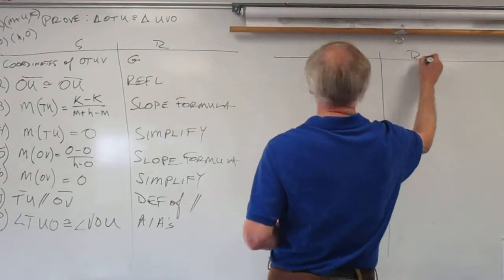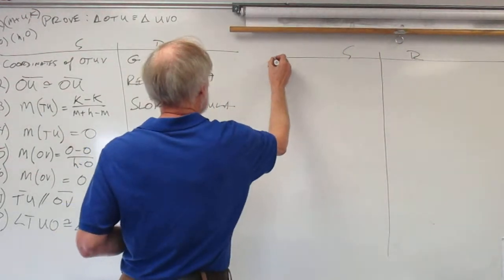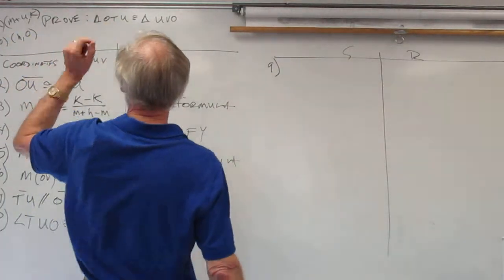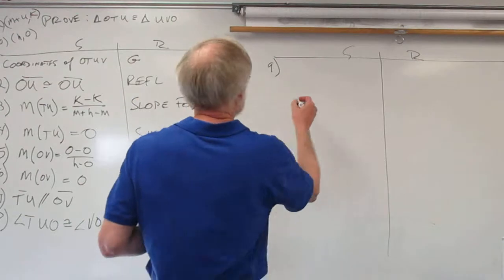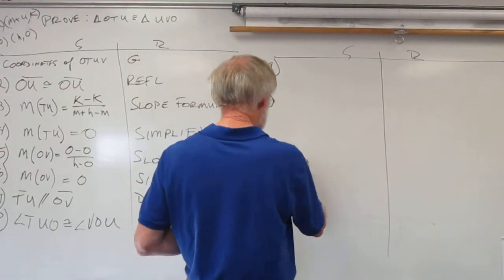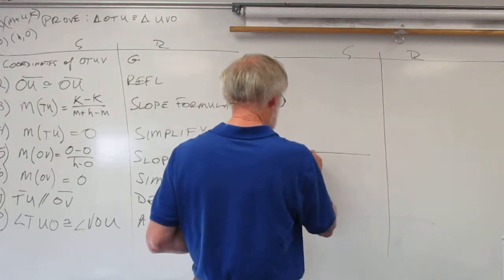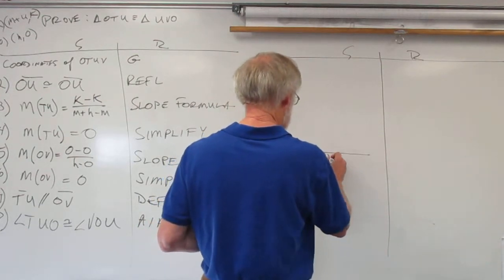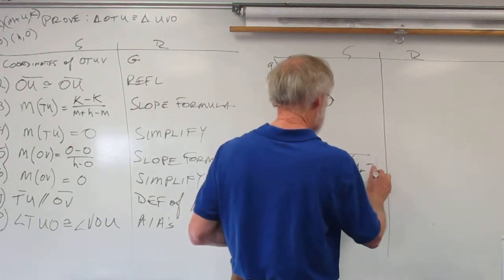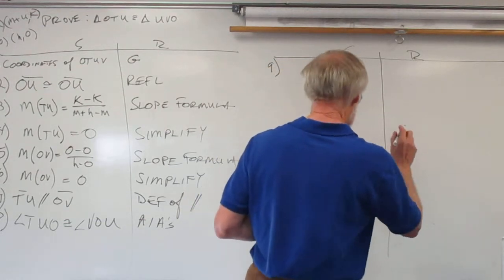Statements and reasons. This is step number 9. And this one, I need to find the distance. So I'm going to say the distance, remember, let me write this down just so you remember it, equals the square root of x2 minus x1 squared plus y2 minus y1 squared.